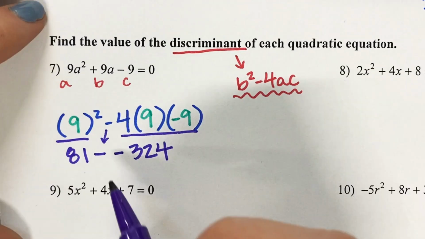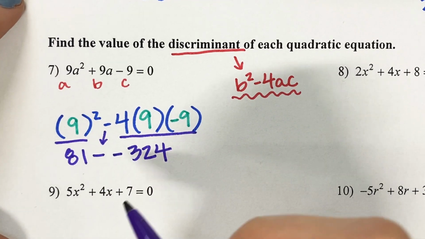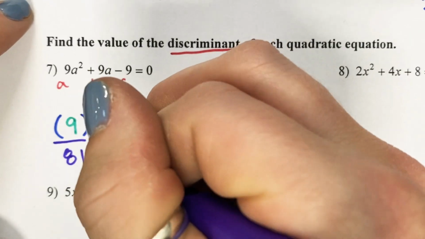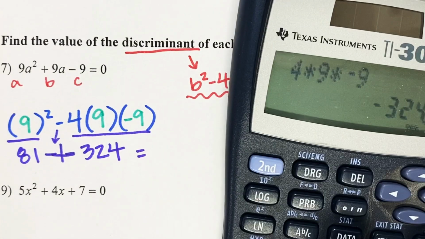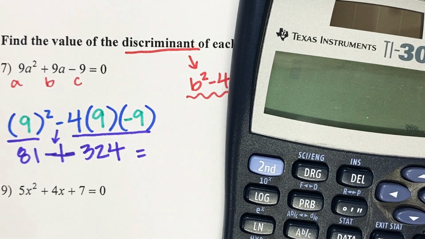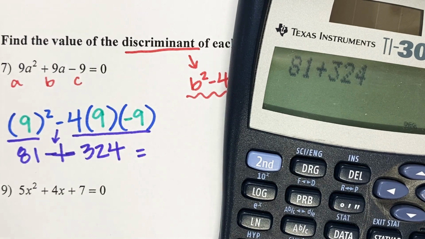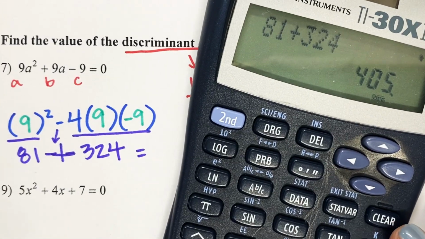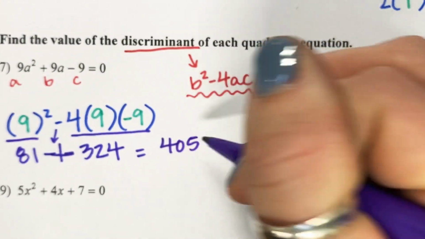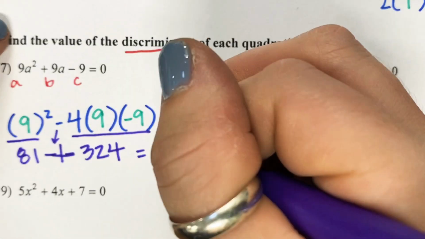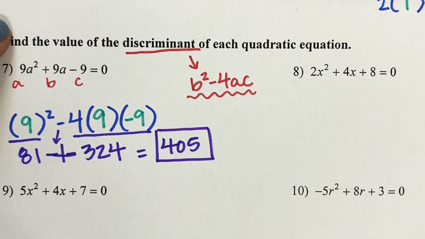What happens when I have a double negative here? 81 minus a negative turns into a positive. Okay, now easy peasy. What is 81 plus 324? It's going to give me 405. And we know that our answer is 405.